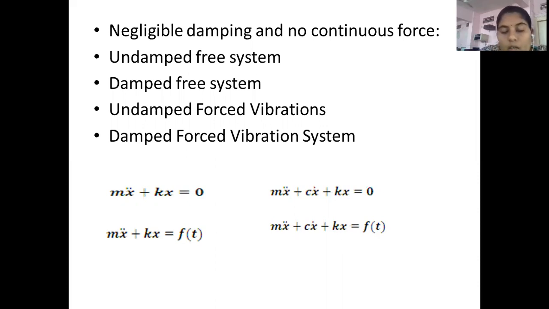And last one, damped forced vibration system. In front of this write down mx double dot plus cx dot plus kx equal to f of t.